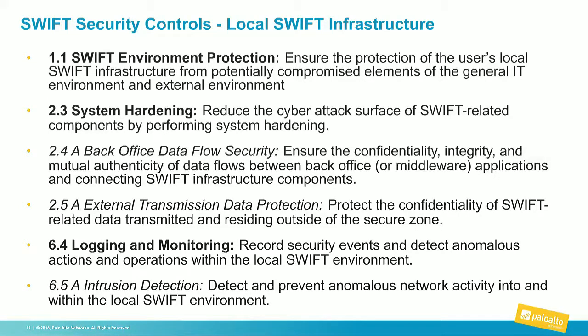So with that out of the way, this very first set of controls really speaks to protecting the elements of the local SWIFT environment, as well as the traffic that passes in and out of there. So it's essentially a story about network segmentation of the local SWIFT components, and then tightly controlling the data flows into and out of that environment. So let me show you how this would be done on the next slide here.